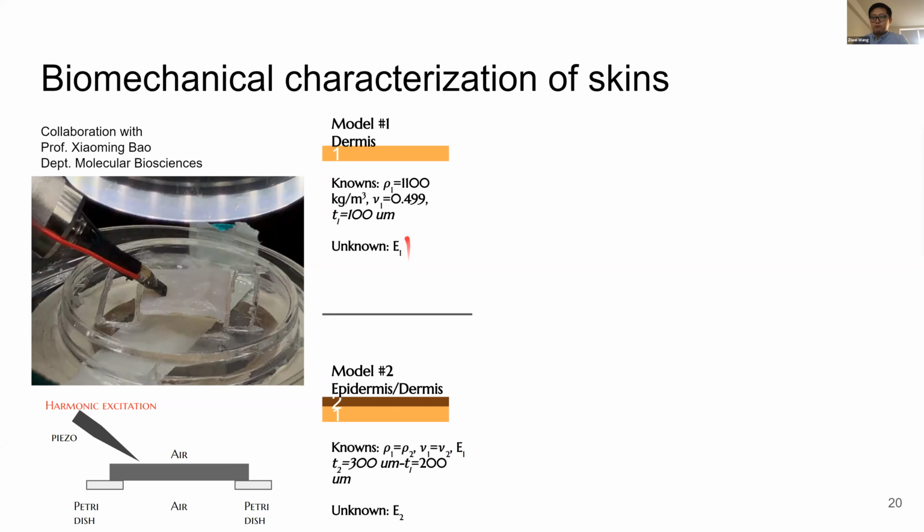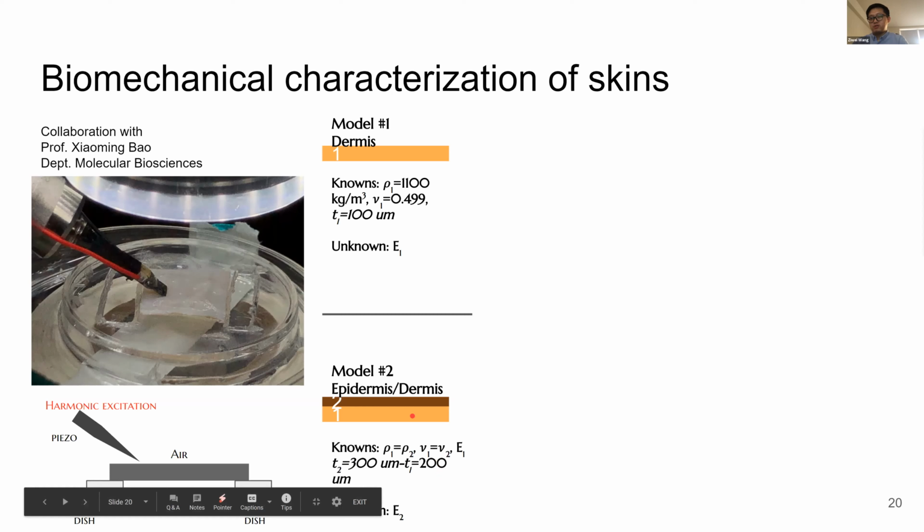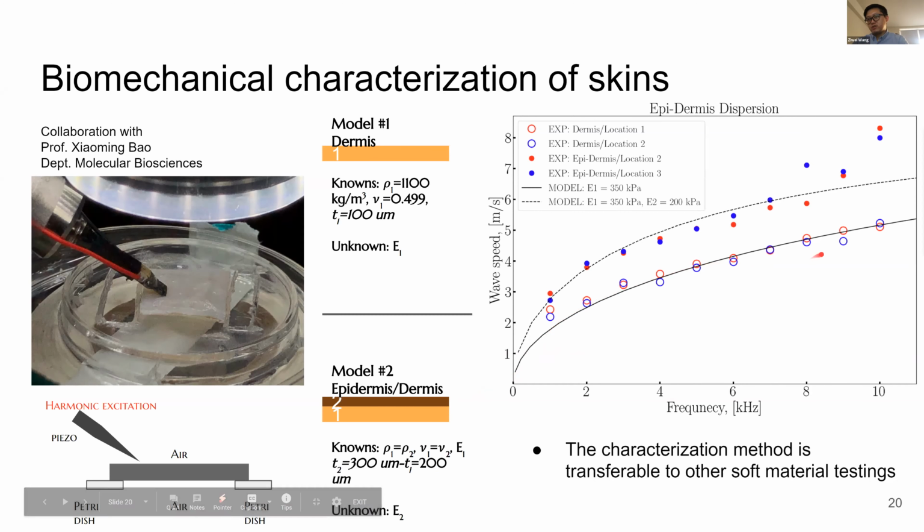So if we can measure the dynamic behavior of the dermis and infer the Young's modulus or the elastic properties of the dermis, then we can characterize the artificial epidermis grown on the dermis, and predict the Young's modulus through a dispersion like this.